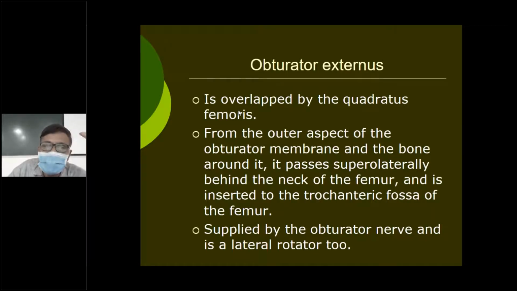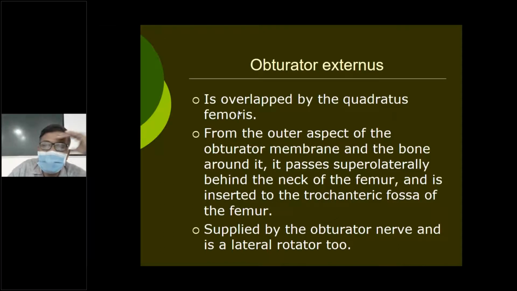So unless you cut the quadratus femoris, we cannot see it from behind. Thus, of all muscles, the gluteus minimus and the obturator externus are the deepest here. Gluteus minimus is exposed only when we remove the gluteus medius. Likewise, obturator externus is exposed only when we reflect the quadratus femoris.